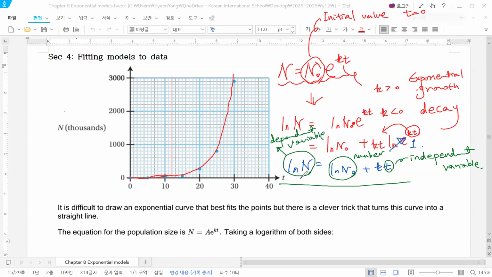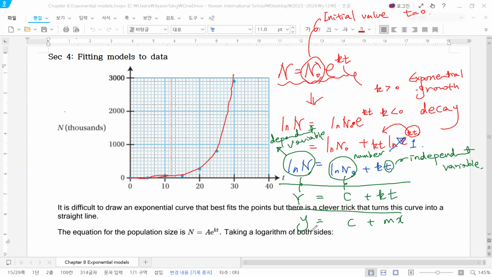So if we think of ln N as y, and ln N0 as just a number, let's say c, plus kt. Guys, it looks like y equals c plus mx. Can you see that? So we can change this exponential graph to a straight line graph by using logarithm. Do you understand?